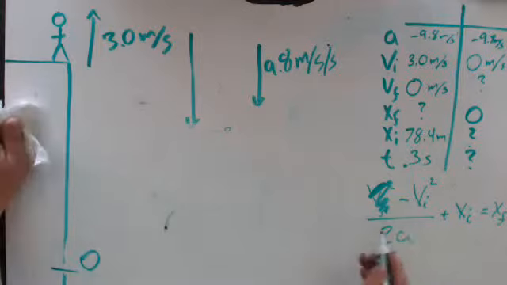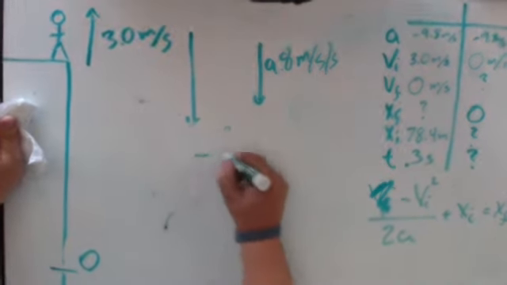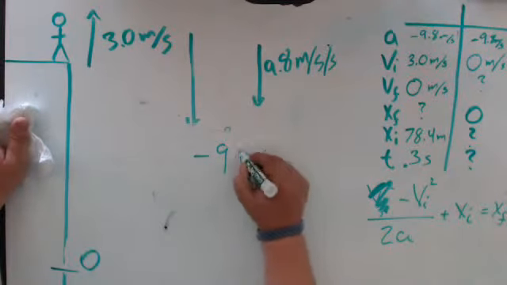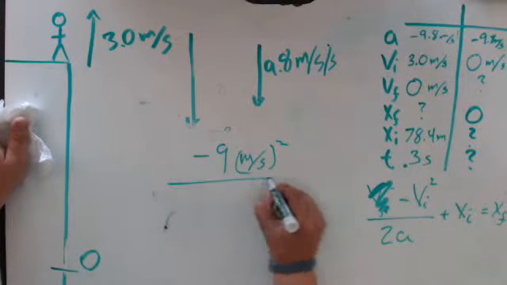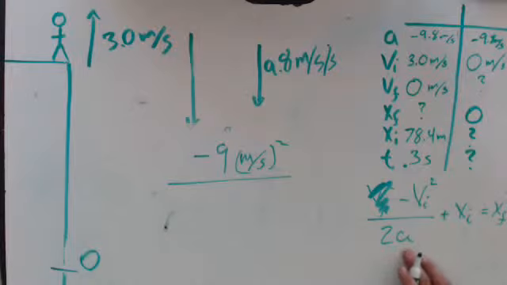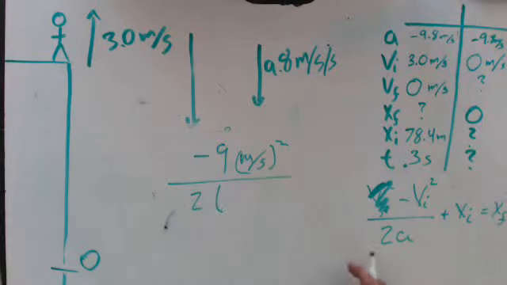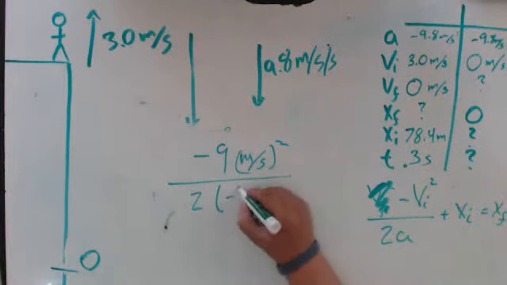So I'm left with negative 9 on top, meters per second squared, divided by 2 times a. Once again the answer is 9.8, but I'm just going to use negative 10.